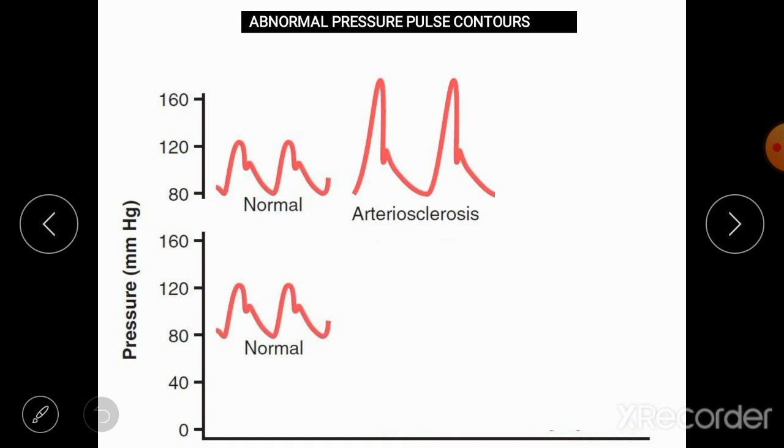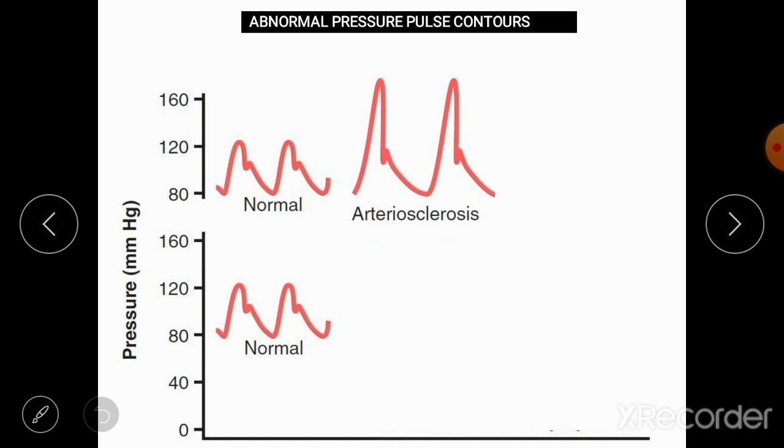As I told you in the previous slide, the compliance of aorta determines the systolic blood pressure. When the compliance of aorta decreases, the systolic blood pressure increases. Why? Because the blood is now being pumped into a non-compliant stiffened aorta and the pressure here rises.